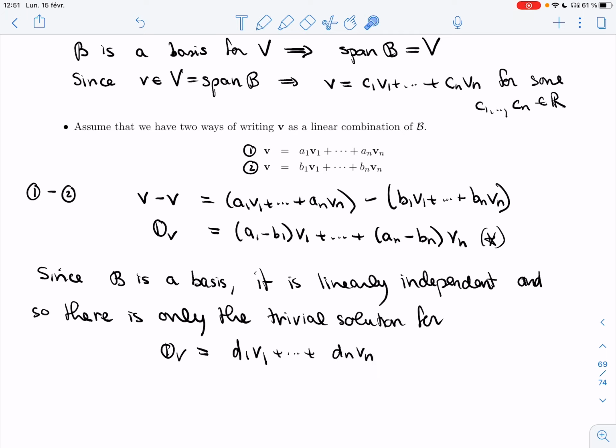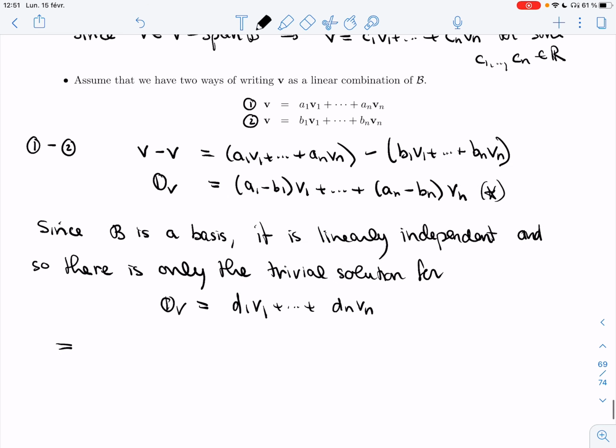So that means the coefficients here need to be 0, and so those need to be 0. Well, that means a1 is equal to b1, and so on up to an equals bn. And so yeah, they were unique.